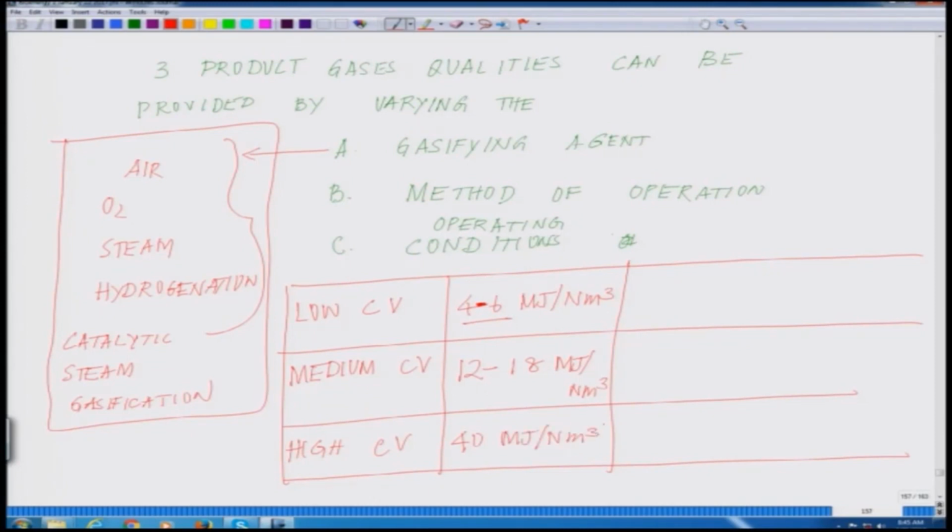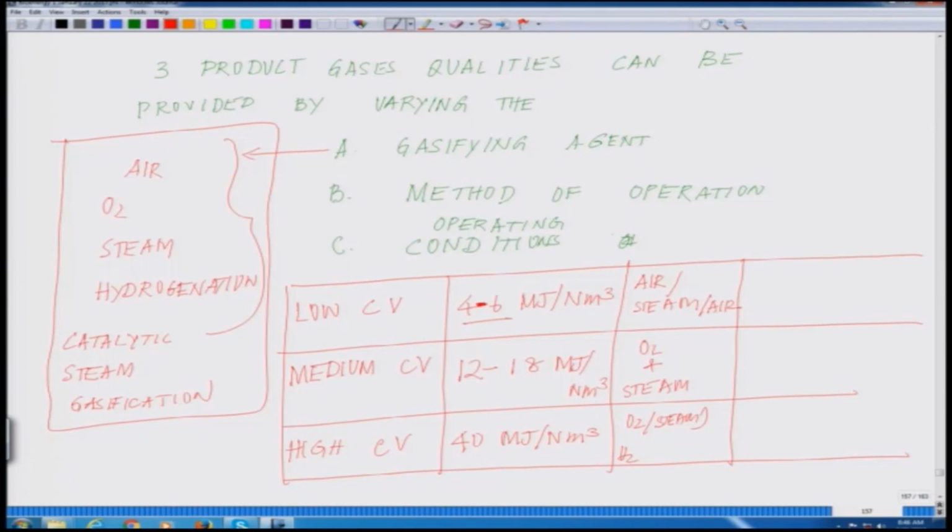And before we get to the utility, what are the different gasifying agents which are used? Here you are using air, steam slash air. Here you are using oxygen and steam. Here you are using oxygen, steam and hydrogen, or hydrogenation, what you are doing.